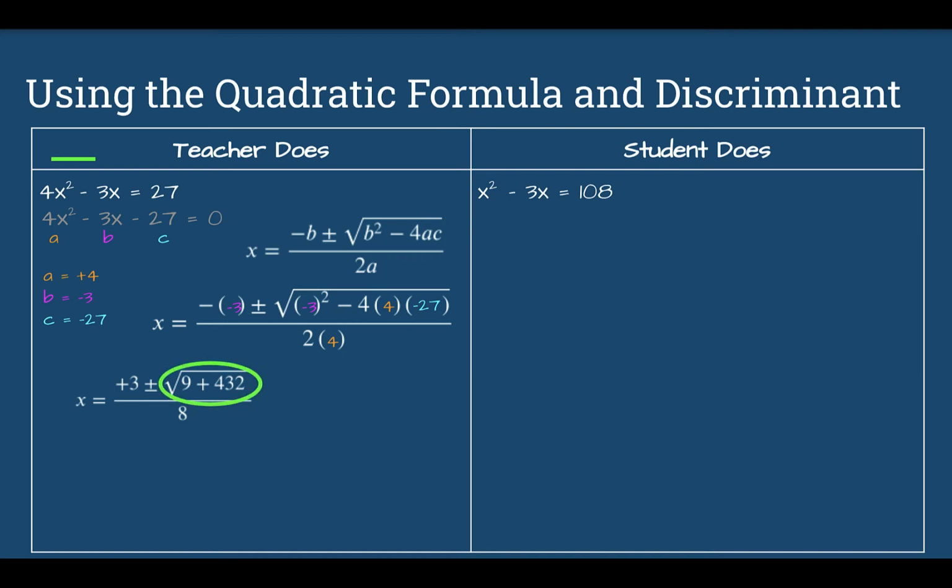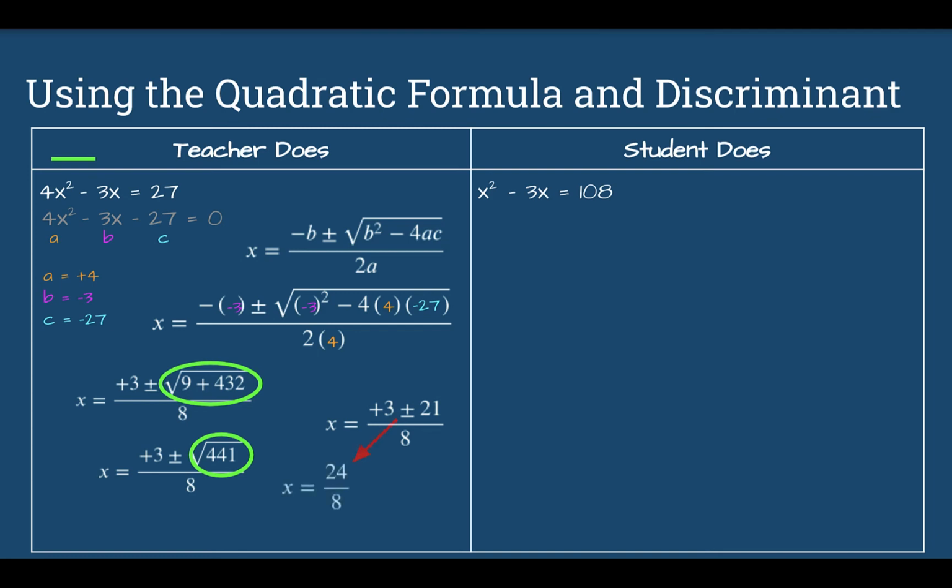So let's simplify our square root. We get 441. Take the square root of that. We get 21. So I'm going to do 3 plus and minus 21, and then divide it by 8.